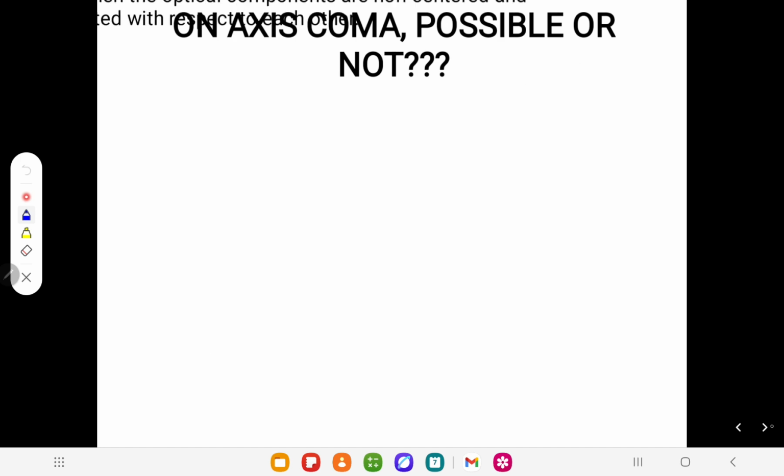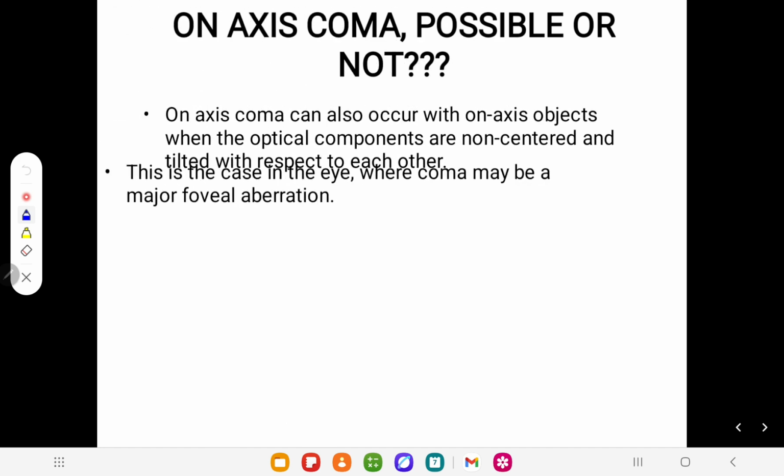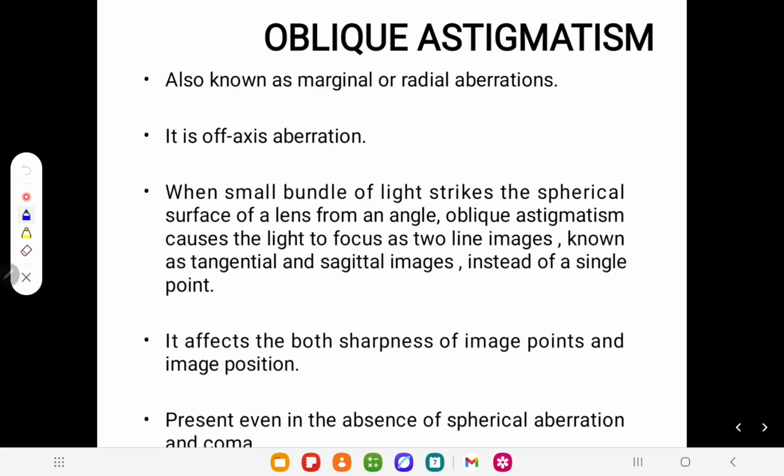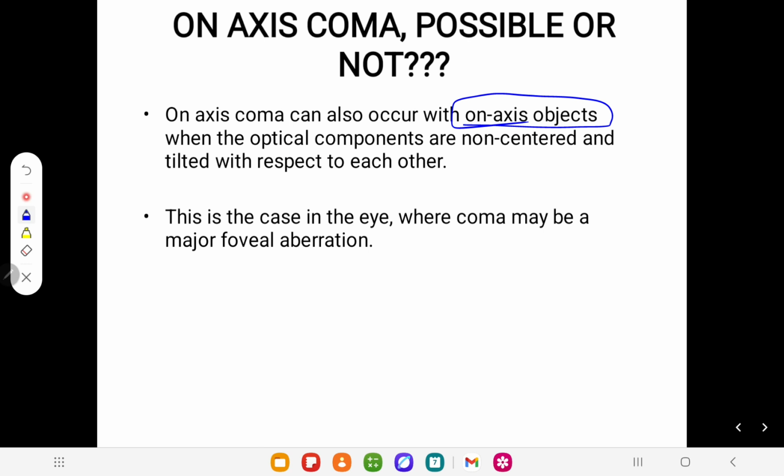So on-axis coma is possible. Definitely it is possible. Coma also occurs for an on-axis object. We describe coma as an off-axis aberration, but with an on-axis object it is possible that coma happens. How is it possible? If optical components are not centered or are tilted with respect to each other. Basically, our eye is like that, isn't it?